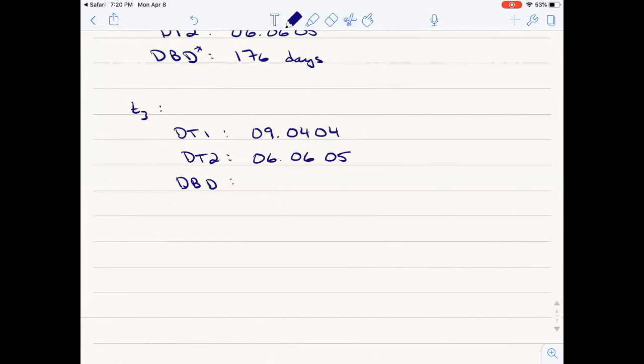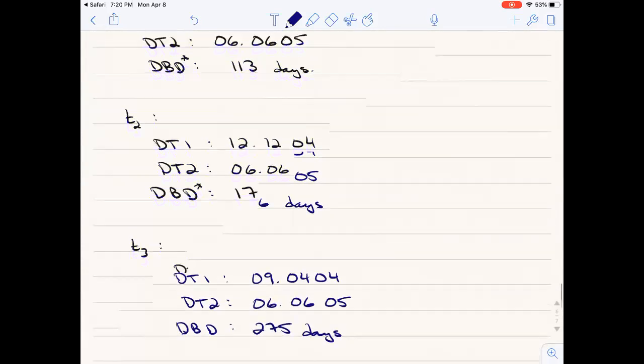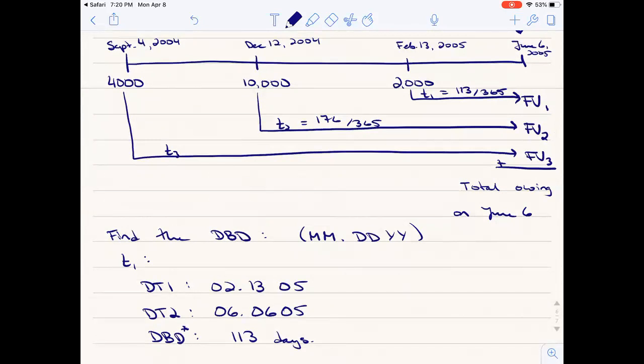So just changing date 1 to 09/04/04, enter. Scroll down to the days between dates, compute, I get 275 days. So T3 is 275 divided by 365.